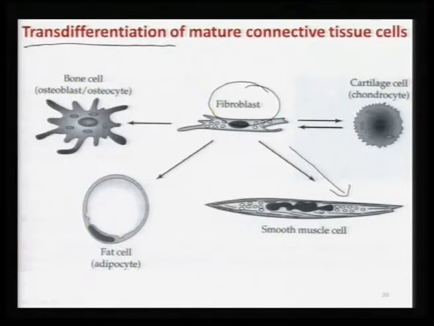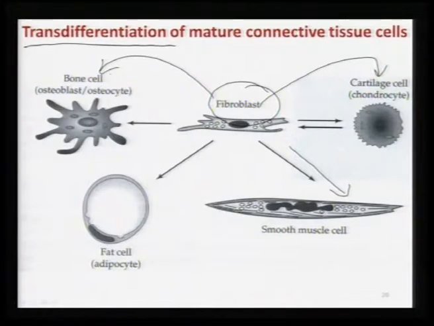Fibroblast cells can also be transdifferentiated into cartilage cells, chondrocytes. Fibroblast cells can be transformed into bone cells, osteoblasts and osteocytes. Osteocyte is the more mature, differentiated cell formed from the osteoblast cells. So, osteoblasts and osteocytes are both the same cell type.